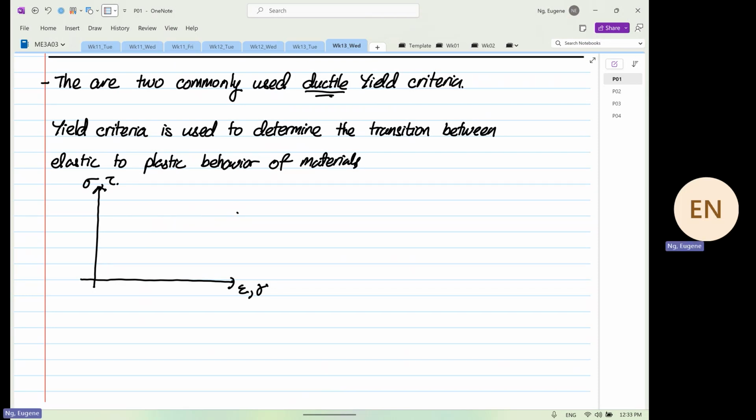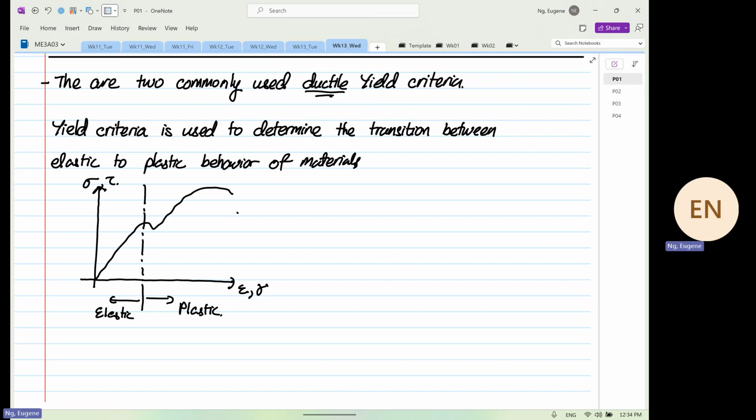Let me draw it properly. If I draw a chain line over here, on the left-hand side is elastic, and on the right-hand side is plastic. We are one of the few engineering disciplines, together with material science, that does this, okay?